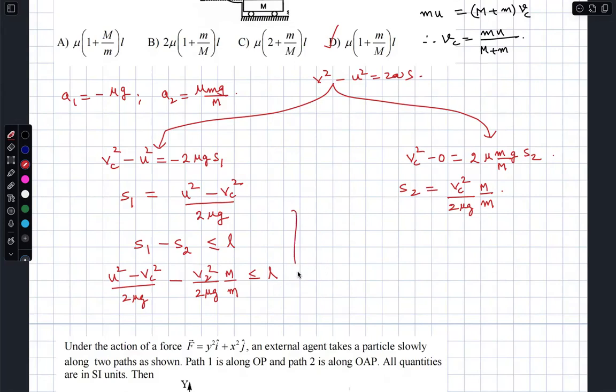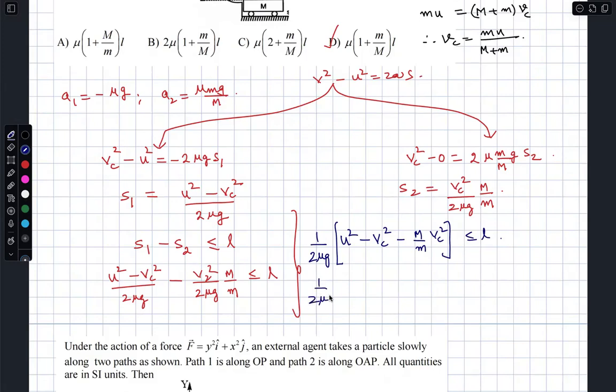I can write all that as, I'll change the color of my pen, 1 by 2 mu G, I will take common. U square minus VC square minus capital M by small m VC square less than or equal to L.